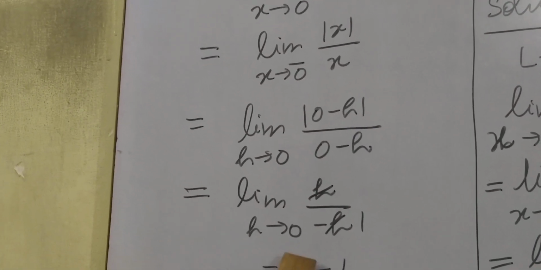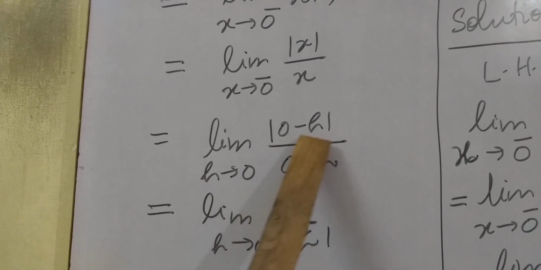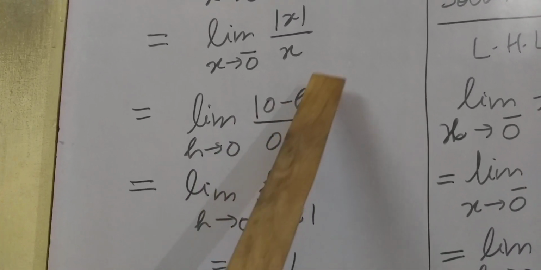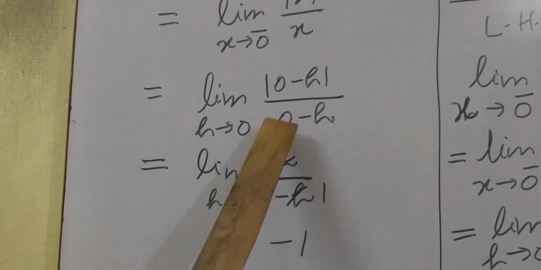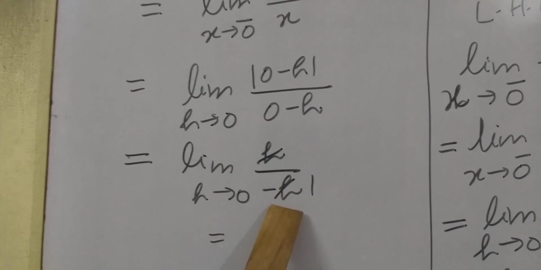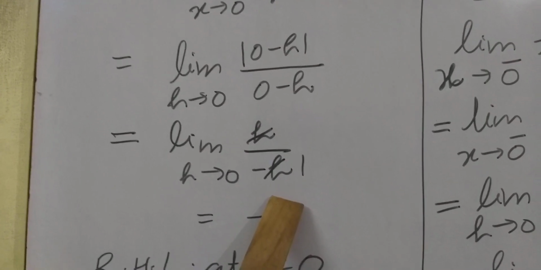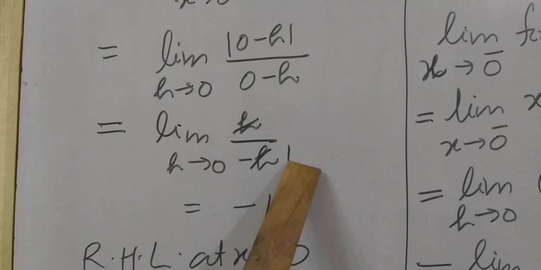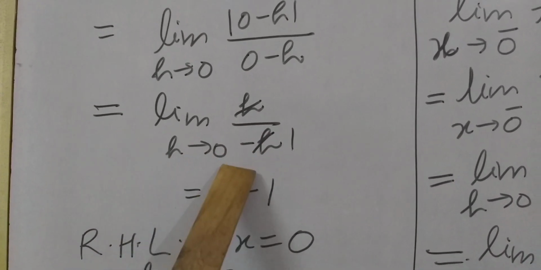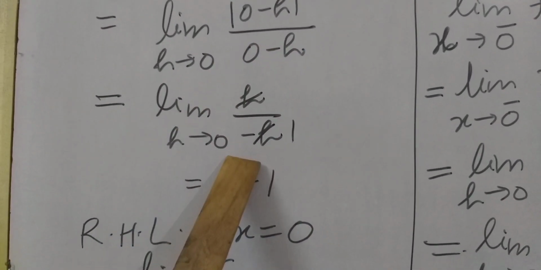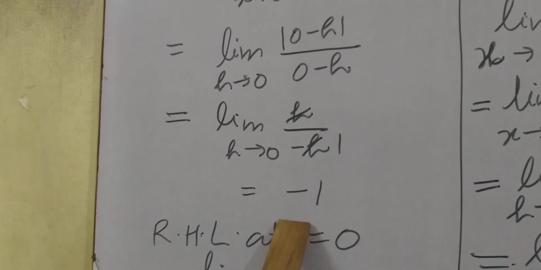Limit as it is, 0 minus h, mod is there, so it will become positive h, and 0 minus h in the denominator, h cancels. Answer here is minus 1, so there will be no effect of h tends to 0, minus 1 is a constant function, so the answer will be minus 1.